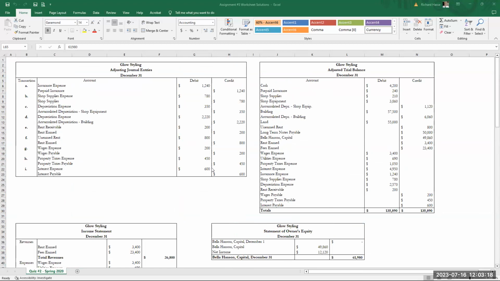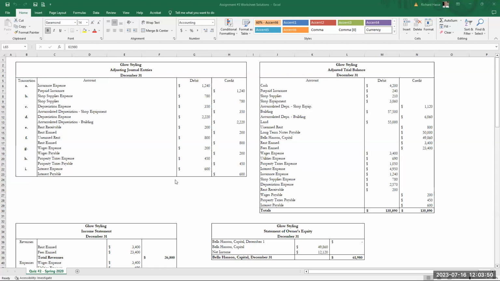A couple of areas where some of us had some problems was, for example, in letter B, an inventory count showed that $210 of unused shop supplies were still available. Well, if you look at the unadjusted trial balance in that problem, it shows that shop supplies had $990 in the account. Well, in the adjusting entry, they tell us that 210 of that is still unused, meaning you still own them.